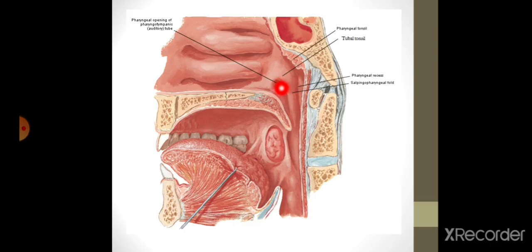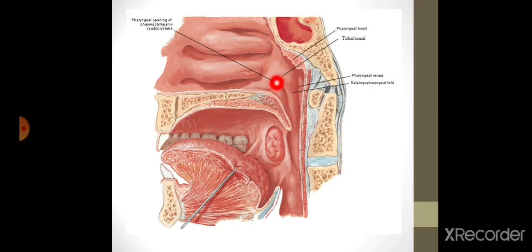This tube is responsible for equalizing the air in the middle ear cavity. So this is the pharyngeal opening of the auditory tube.